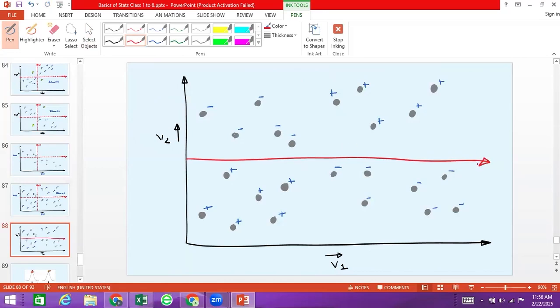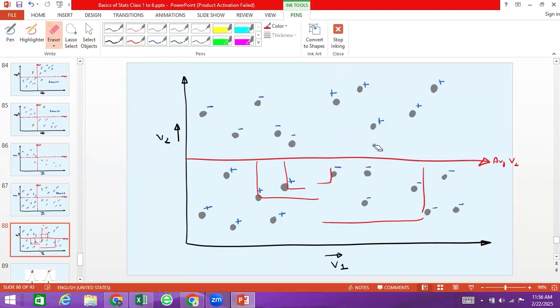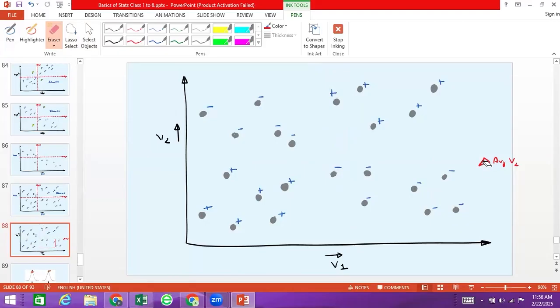The average of variable 2 will be this line. It will calculate the average of V1 and then calculate all the areas associated with all the points, and take a summation of it. Then only it will be able to tell you whether there was any relationship between these two variables. But machine learning being machine learning, it will be very fast, obviously.